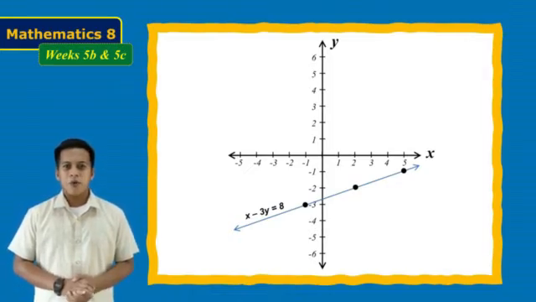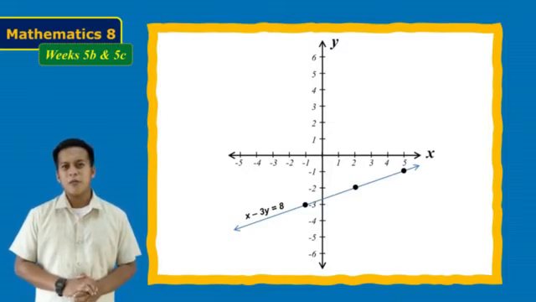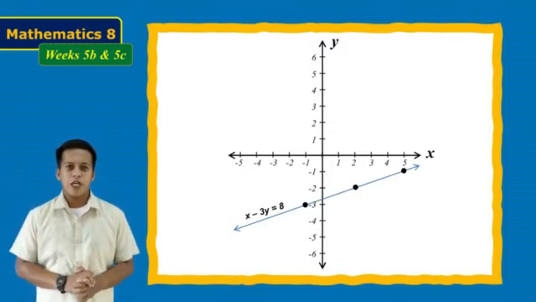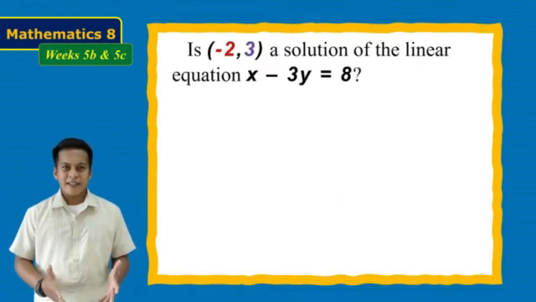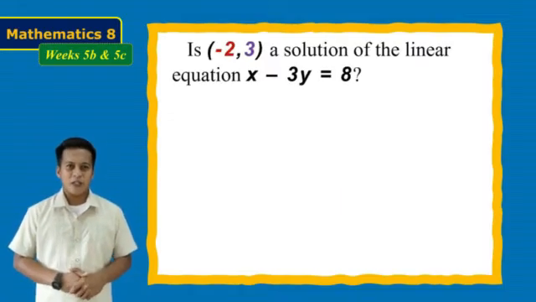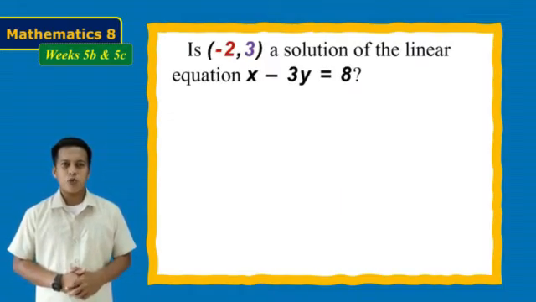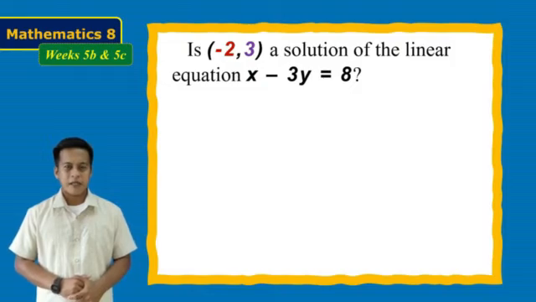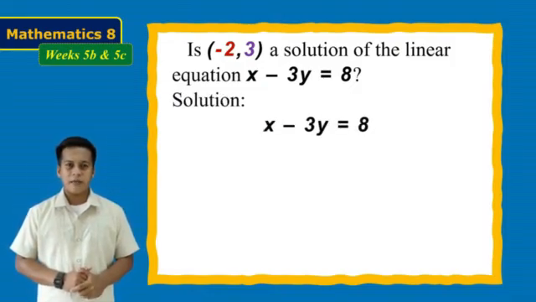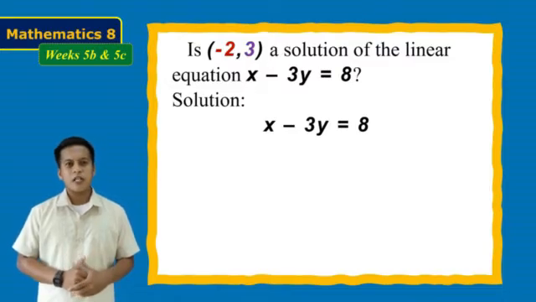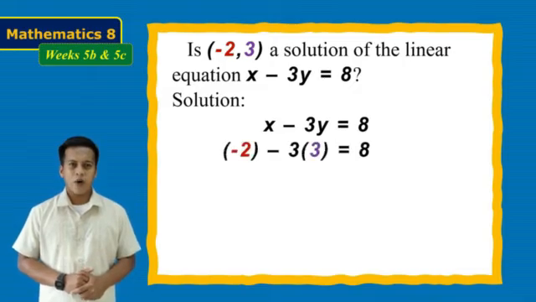Without graphing, we can also check if the given points are solutions to the equation. This time, let's find out if the ordered pair (negative 2, 3) is a solution of the linear equation x minus 3y equals 8. Copy the equation x minus 3y equals 8. Substitute negative 2 as value of x and 3 as value of y.